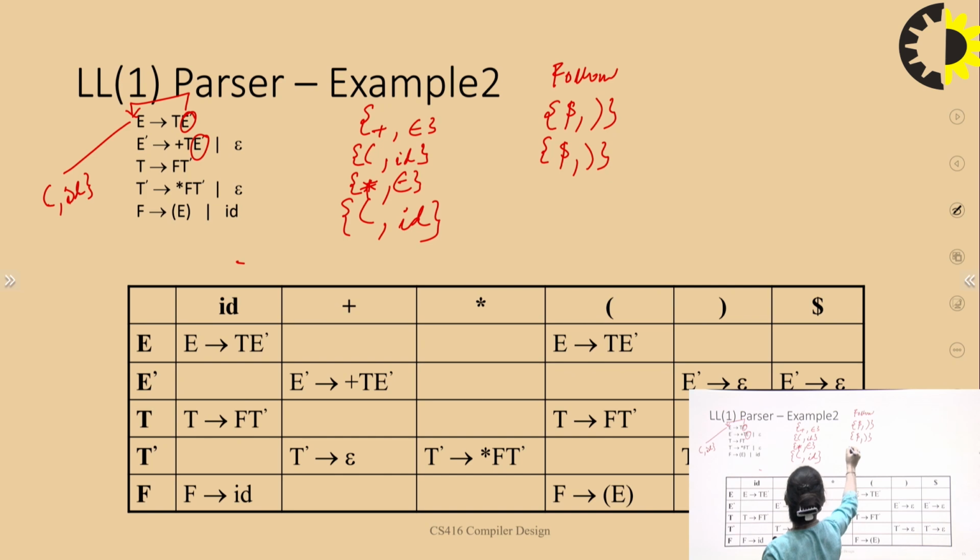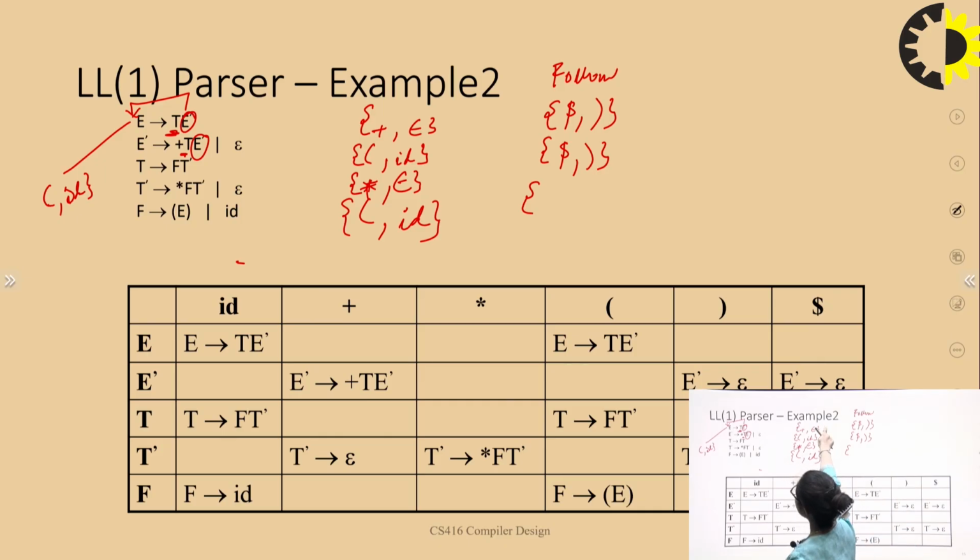Now if I'm talking about T, where is T present? This is T and this is T. What is the non-terminal just after T? E dash is the non-terminal. So what is the first of E dash?